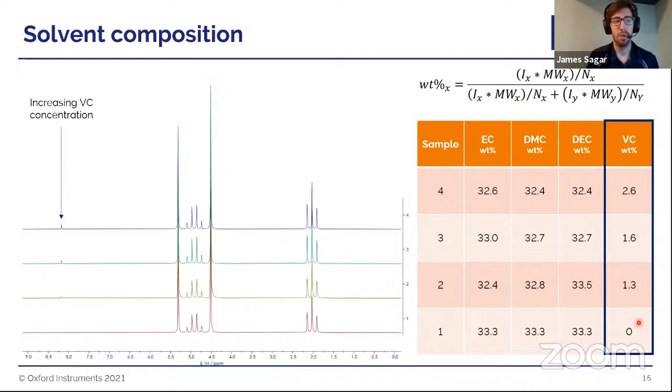But again, NMR is inherently quantitative, so we can quantify the vinylene carbonate concentration down to sub 1 weight percent. And that's critical for these applications because for that vinylene carbonate concentration to be effective in that electrolyte, it needs to be somewhere between 1 and 2%.